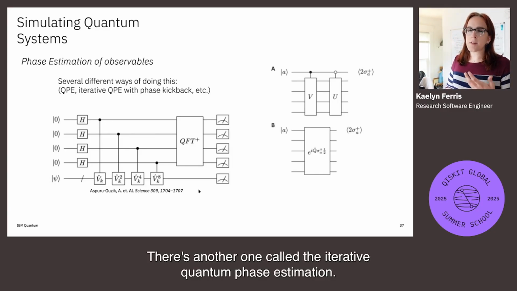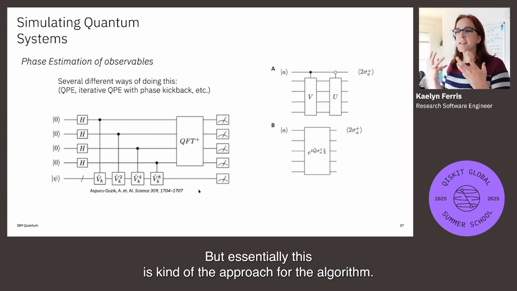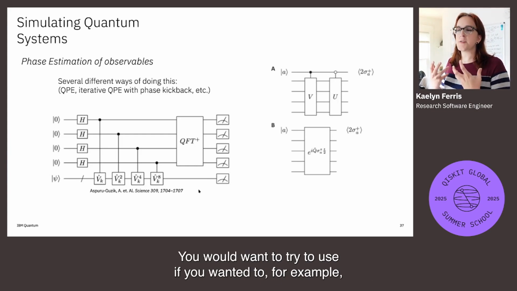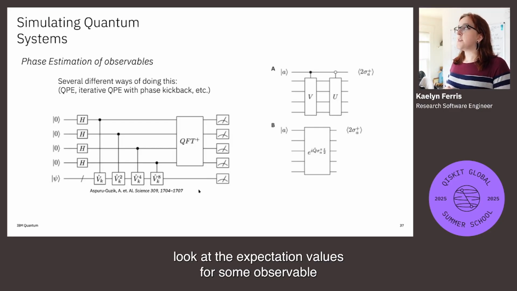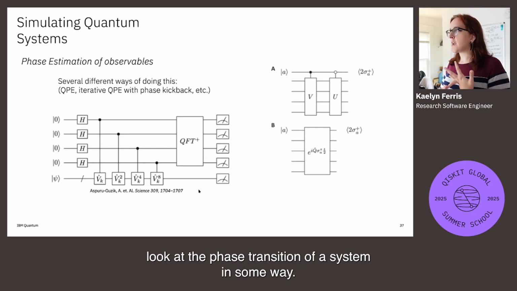There's another one called the iterative quantum phase estimation, and you can apply phase kickback. But essentially, this is the approach or the algorithm you would want to try to use if you wanted to, for example, look at the expectation values for some observable given some states to characterize a quantum system, or you want to look at the phase transition of a system in some way.